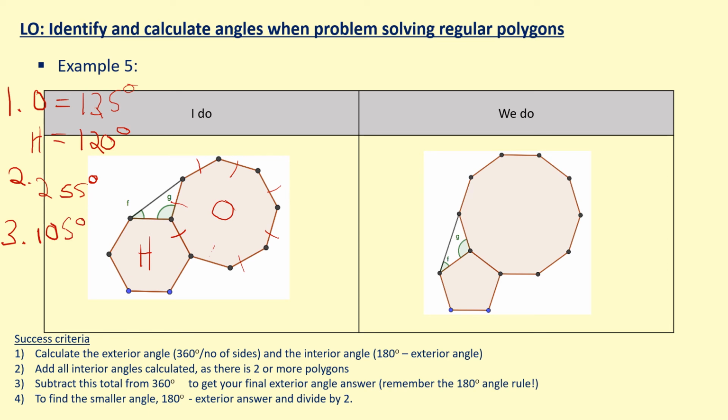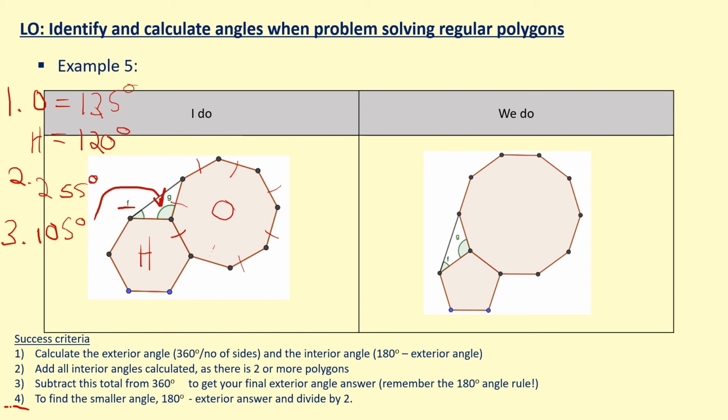Now if we look at 4, the extra step, before I talk about 4, that 105 is the G. So we worked out that exterior angle for the octagon and hexagon for G. We still don't know what is here in the little triangle that's made up on the outside.